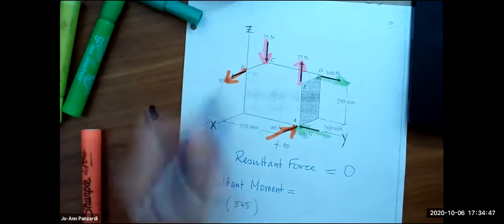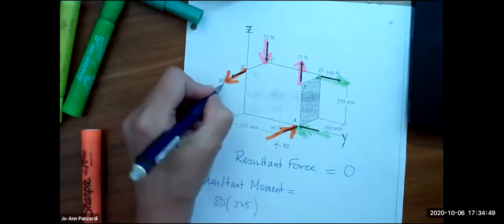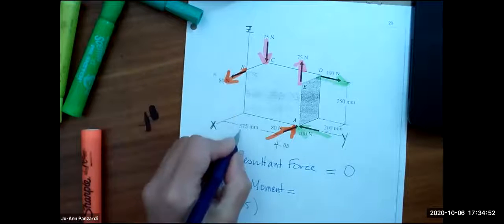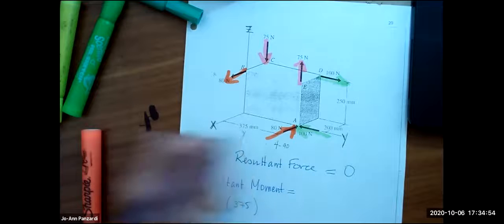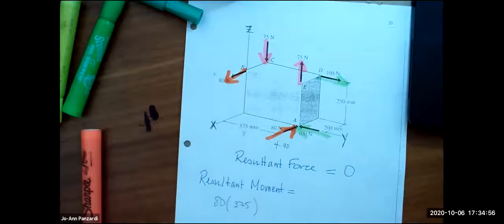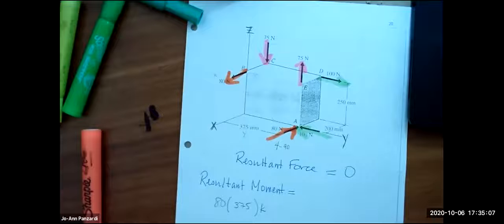375. 80 times 375. The 80 is in the X direction. The 375 is in the Y direction. So what axis does that 80 times 375 cause a spin about? It'd be in the Z. Correct. Positive or negative?